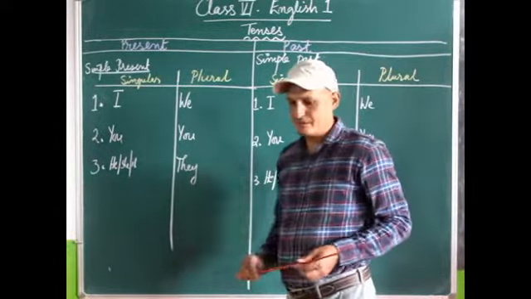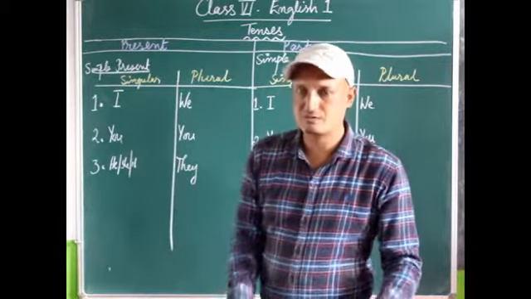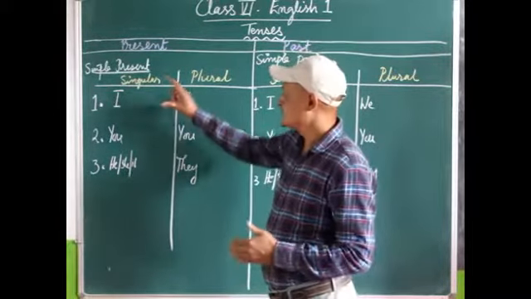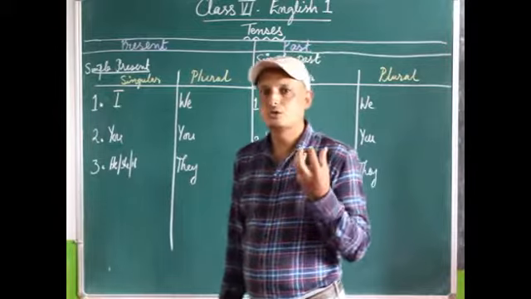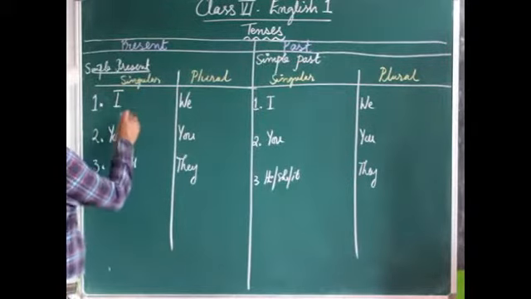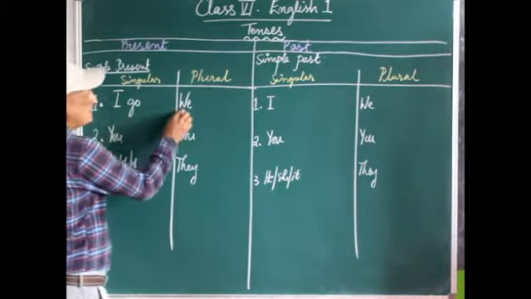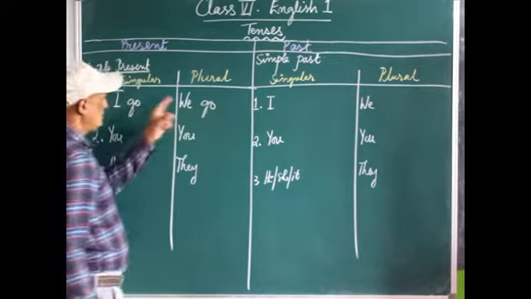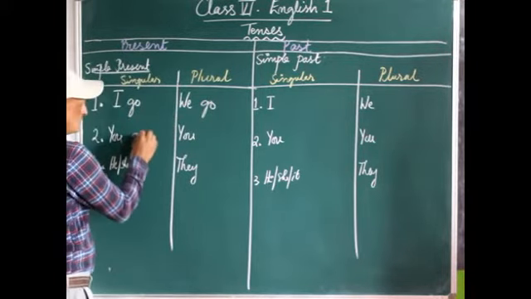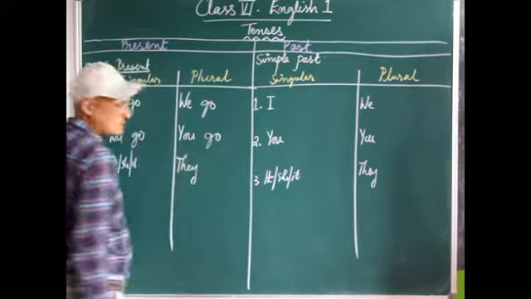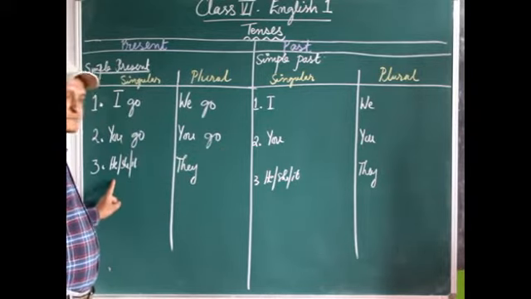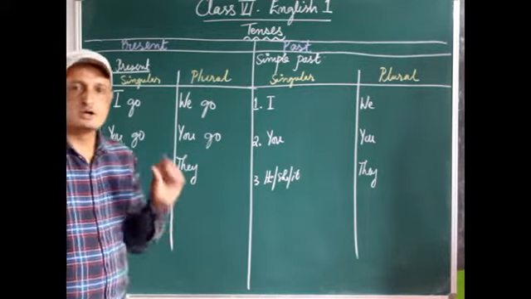Now, when we did the simple present, what were the things that we did? In the simple present, let's take a verb, go. What happens? I go, we go. You go, you go. Now, what happens here? He, she, it goes.